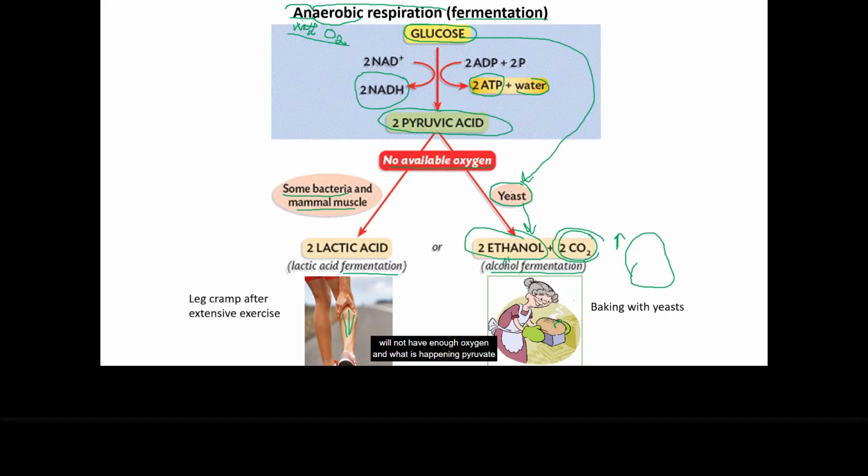What happens? Pyruvate in this case without oxygen will be broken down to lactic acid. And this is why it's called lactic acid fermentation. And again, muscle cells will produce some energy during this. Yes, we have some energy, but it's not enough. And lactic acid is what can actually cause cramps after extensive exercise, pain in the muscles.